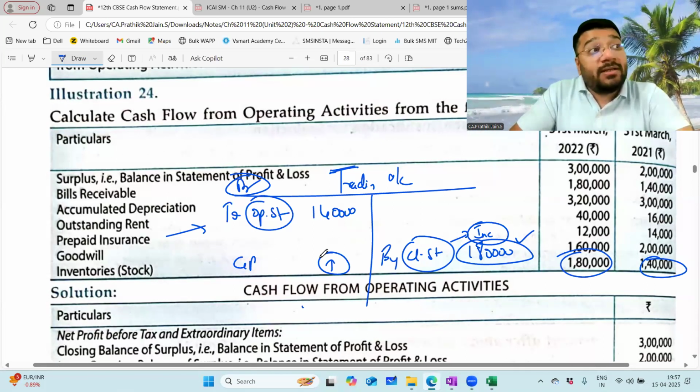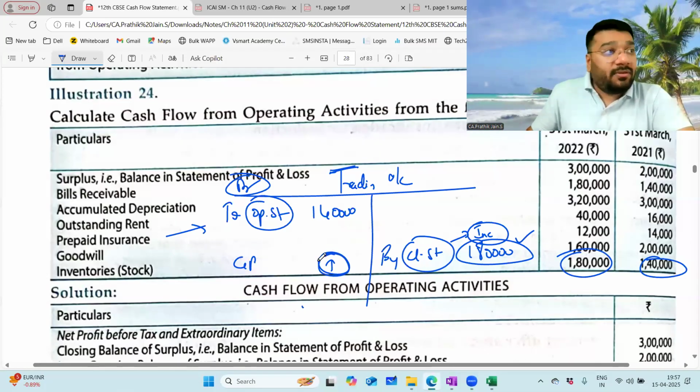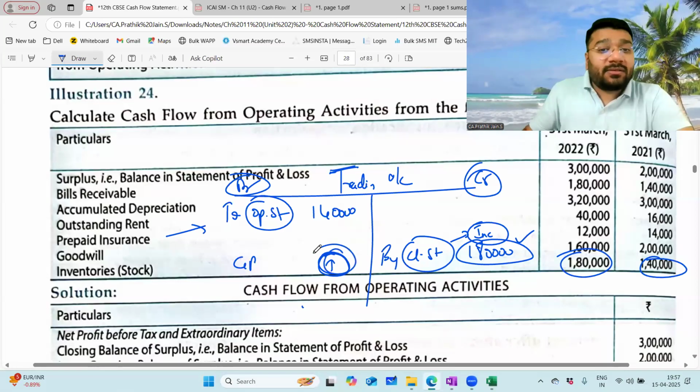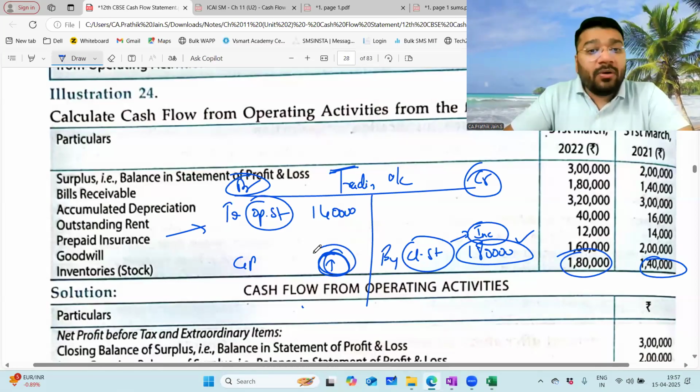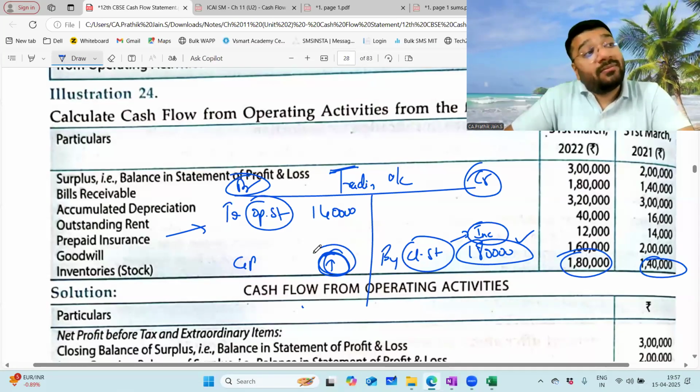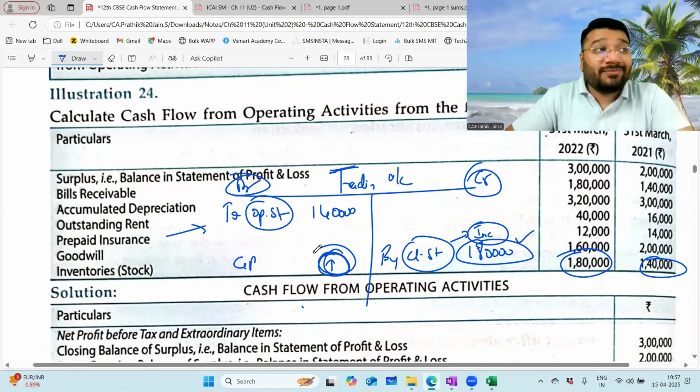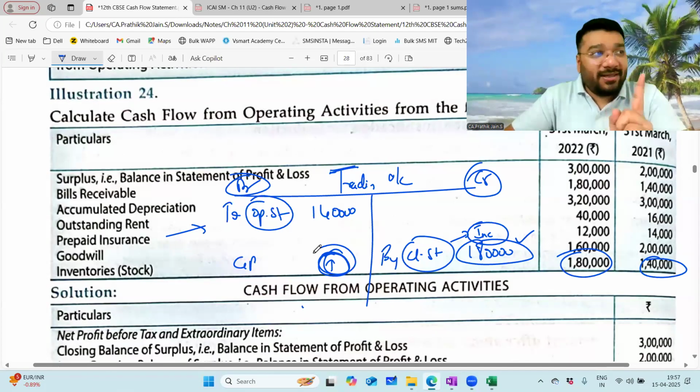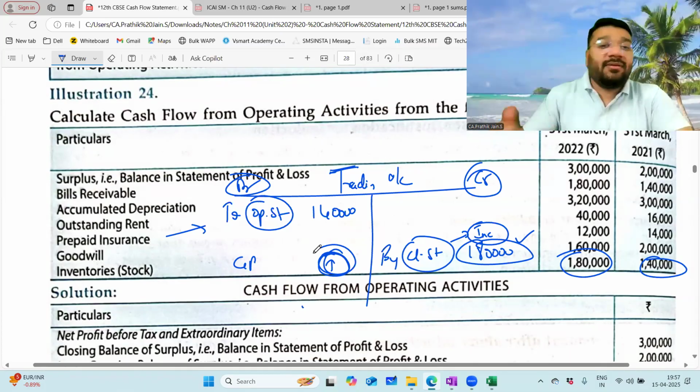Closing stock is on the credit side. Credit side means it will increase. Do you agree with me? If profit increases, tax will increase. Correct? Then why is closing stock coming? Genuine question.